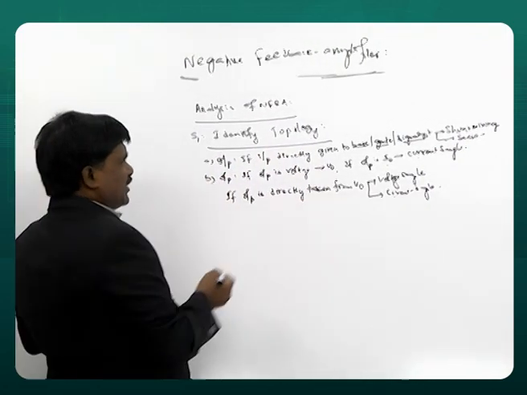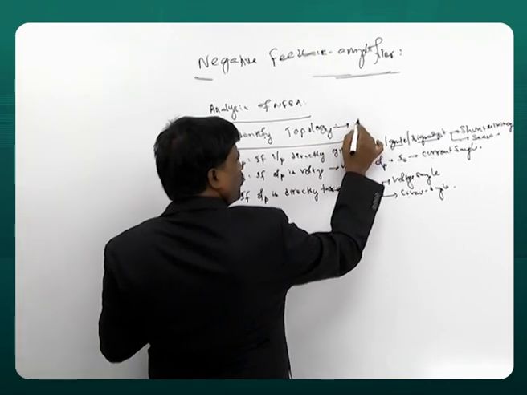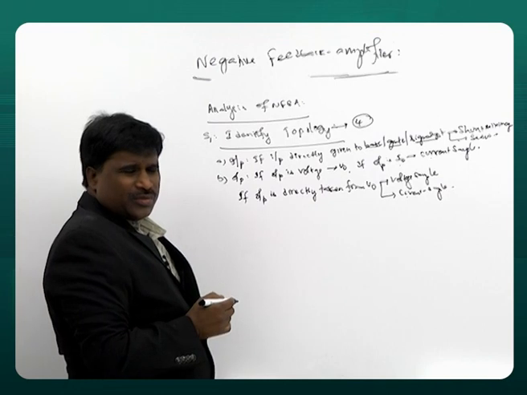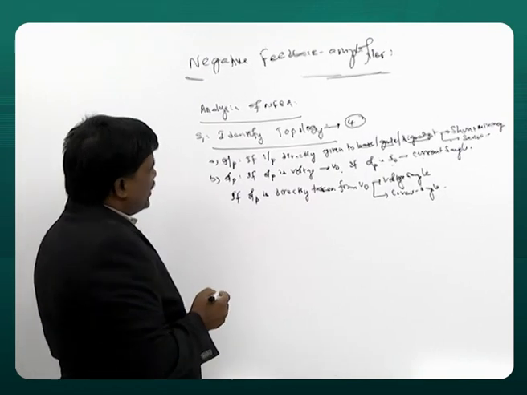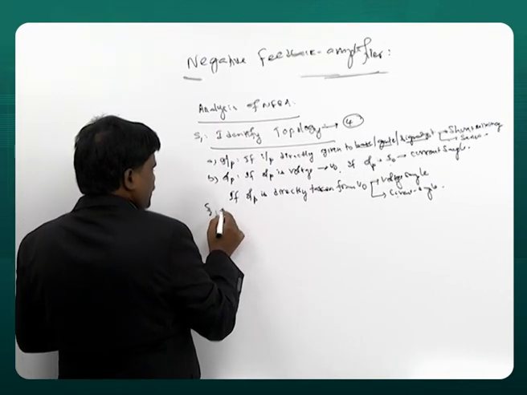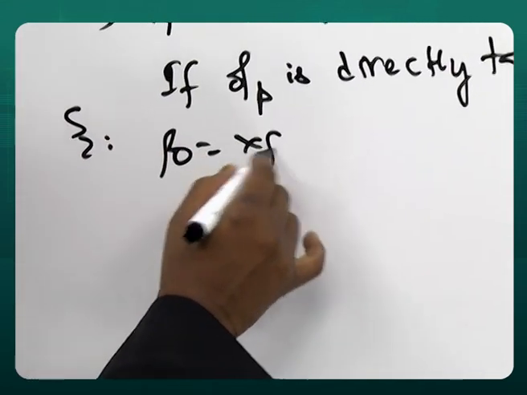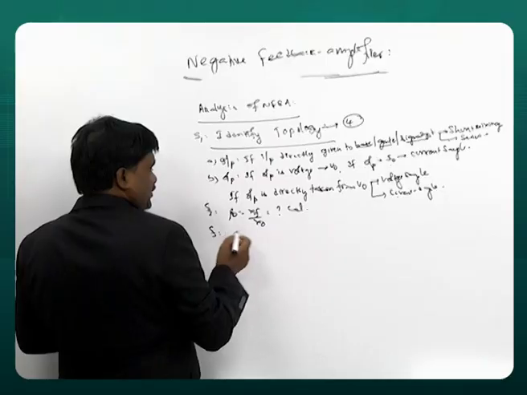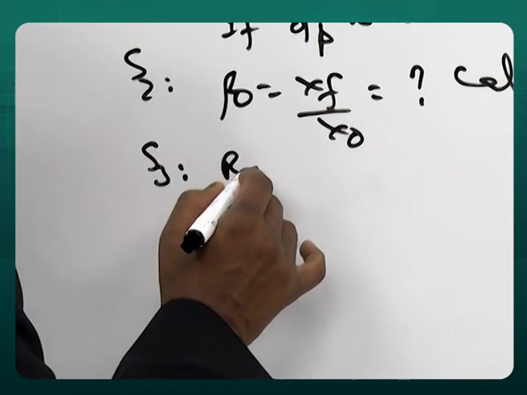Using this concept, you can identify one of the 4 topologies that you have. I already told you that there are 4 topologies here. Beta is xf by x naught. Calculate that. Third one is basic amplifier.